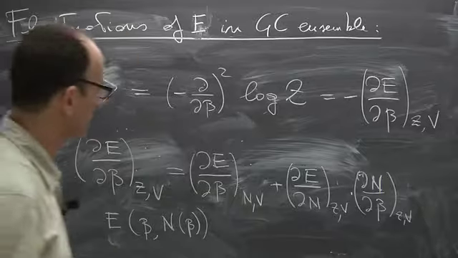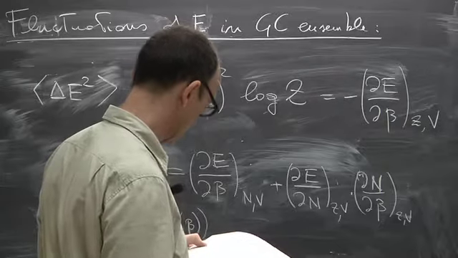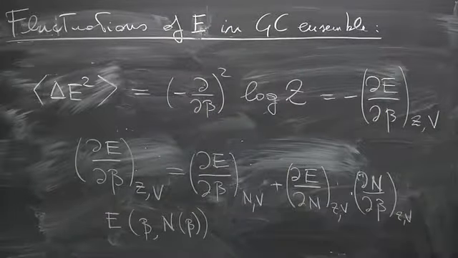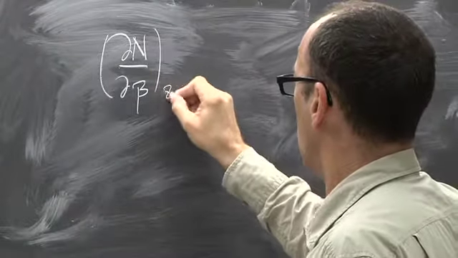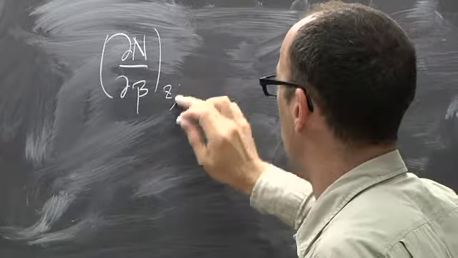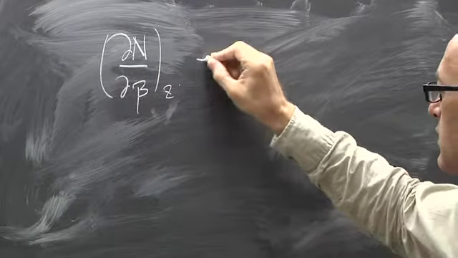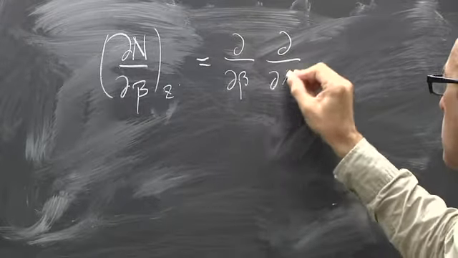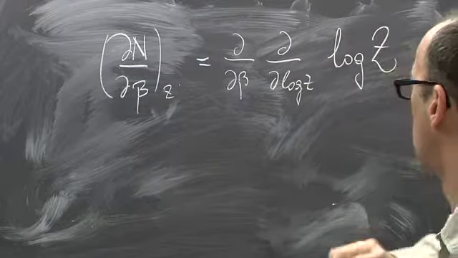Now for dN d beta, we can derive an equation. dN d beta at constant z is the derivative with respect to beta of the derivative with respect to log z of the log of the grand canonical partition function.